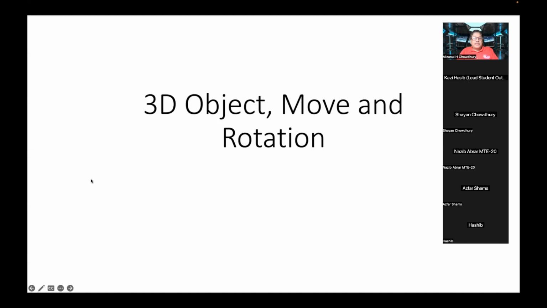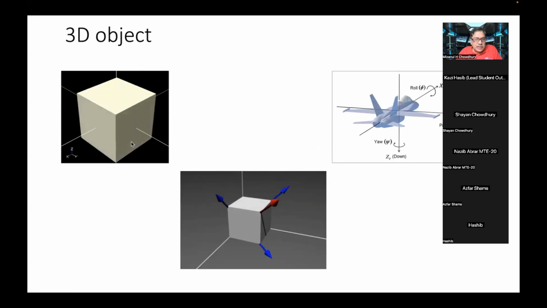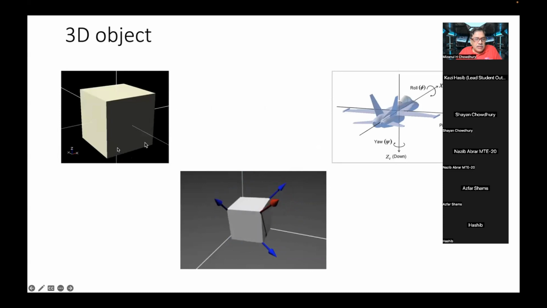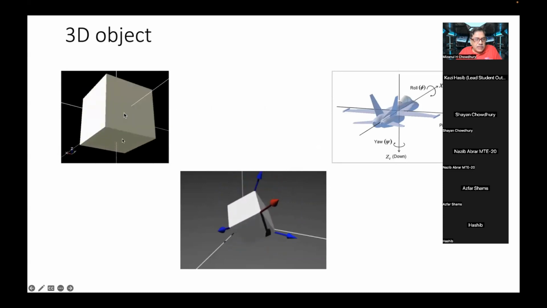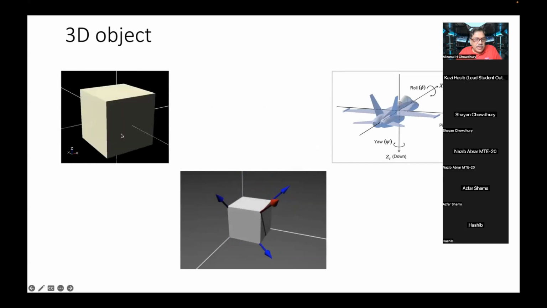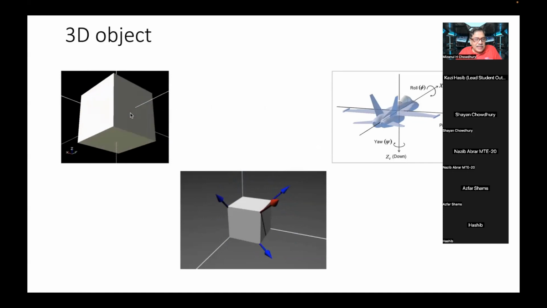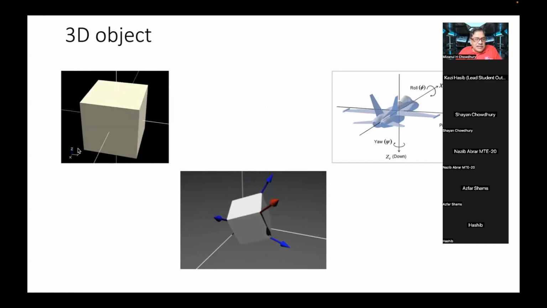Let's start with 3D object move and rotation. These are the 3D objects you see on the left here. This is moving and it has three coordinate axes, X, Y, Z. In America, we say Zee, and in Bangladesh, we say Zed.